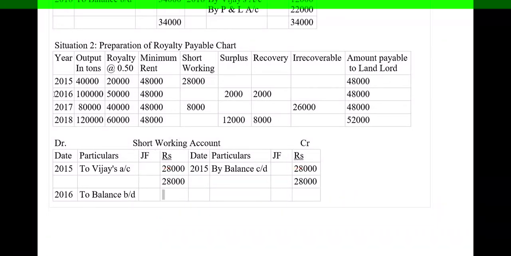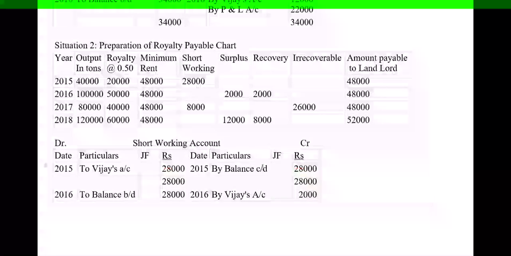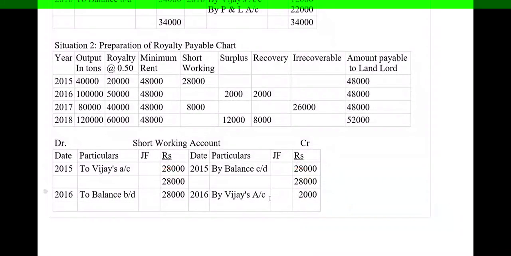Now you see the chart here. In the second year there is no short working, but however there is a recovery here. So here let us write 28,000. So 2016. When there is a recovery here, then it will be Vijay's account debit to short working. So short working account is credited by Vijay's account. So the recovery is to the extent of rupees 2,000 here. So there is a balance still remaining of rupees 26,000.